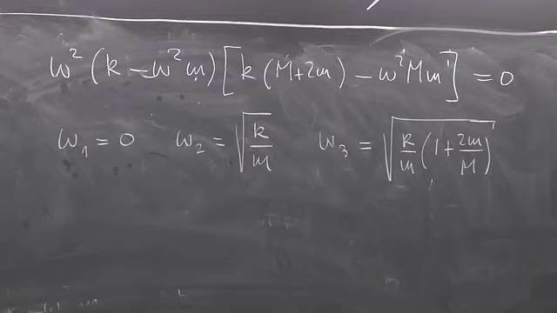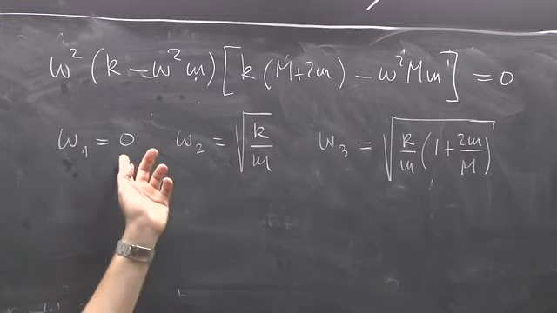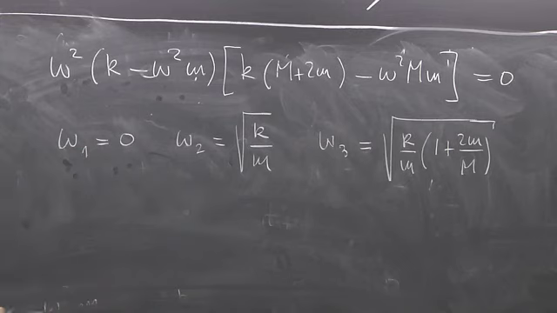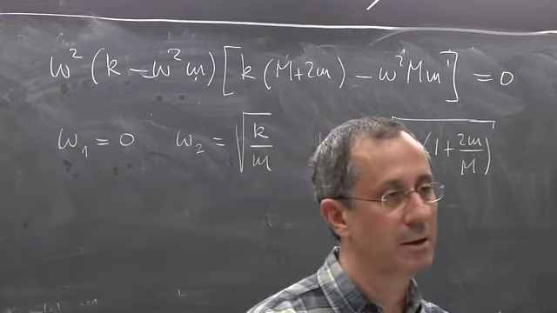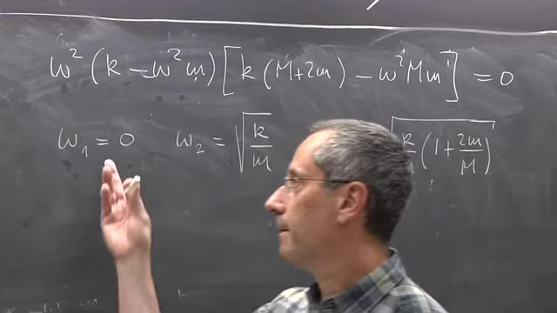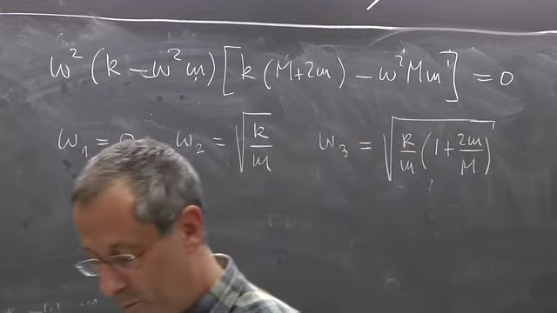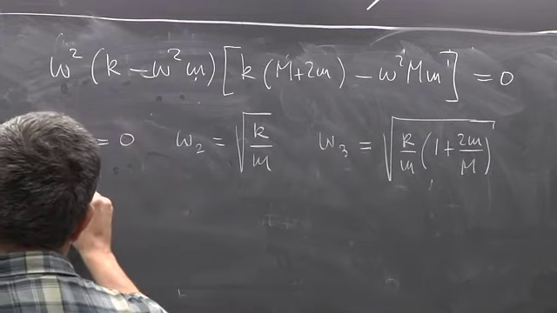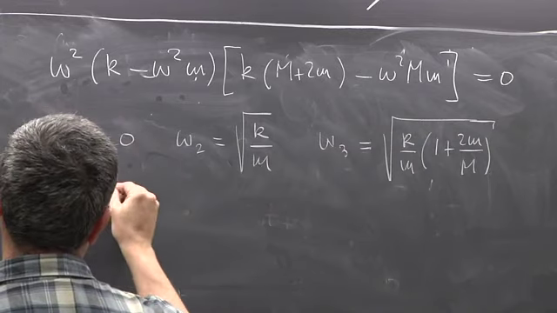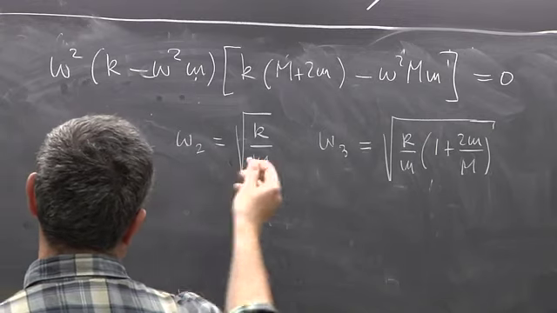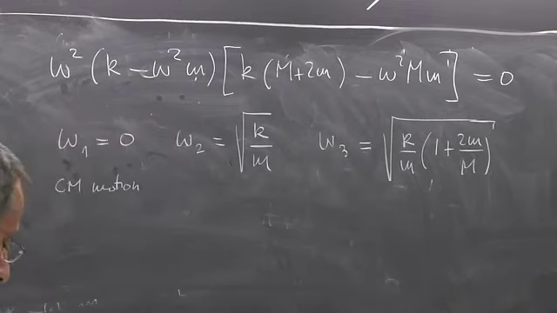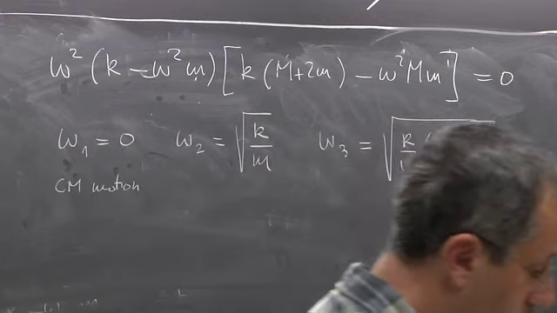So when in this kind of problem you find a 0 frequency motion, that corresponds to a translation. It's not a periodic motion in which something is oscillating. It's just that the center of mass of your system is translating. So this is the center of mass motion, and these are two frequencies instead that we are going to see.